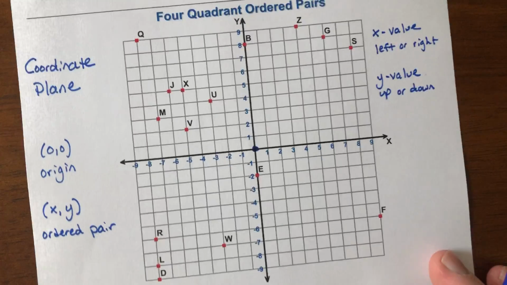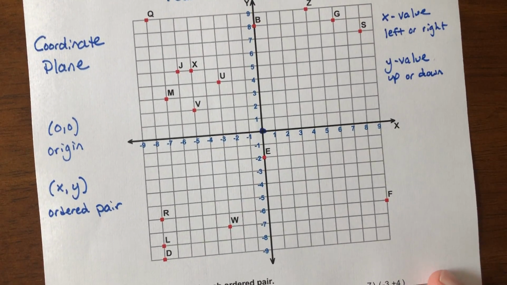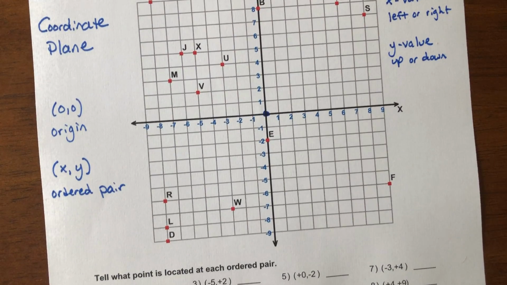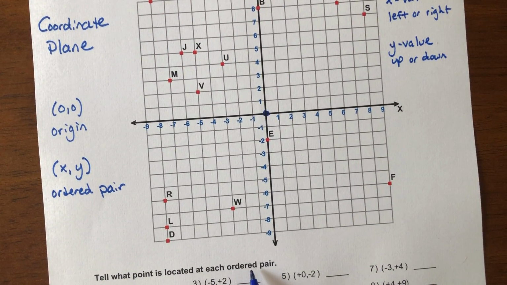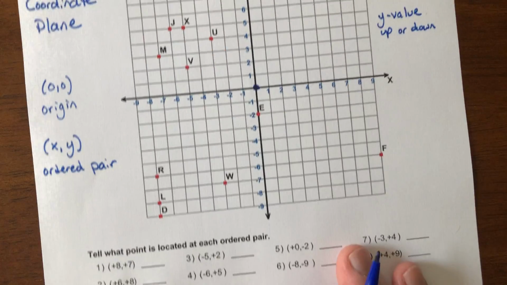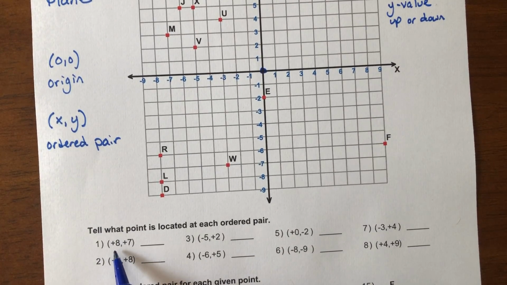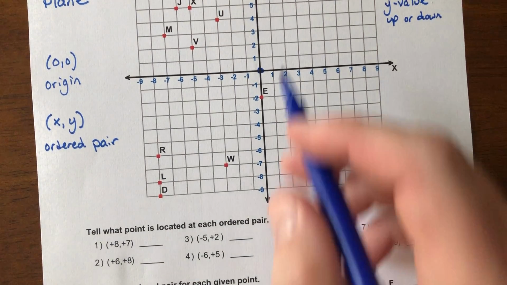So let's go ahead and try some of these. It says, tell what point is located at each ordered pair. My first ordered pair is a positive 8 and a positive 7. This 8 is my x value, so that tells me to go left or right. Because it's a positive 8, I'm going to go to the right.